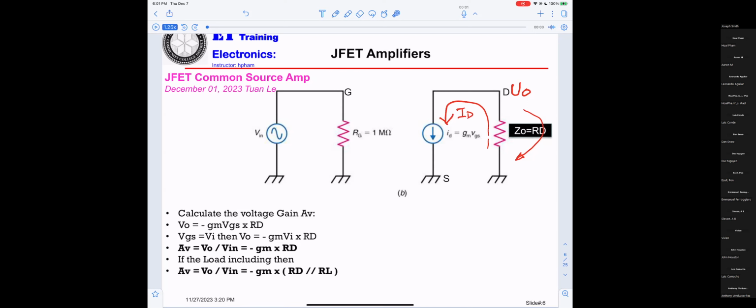VGS, that means from here to here, VGS equals Vin. Okay, that means equal to the voltage here.